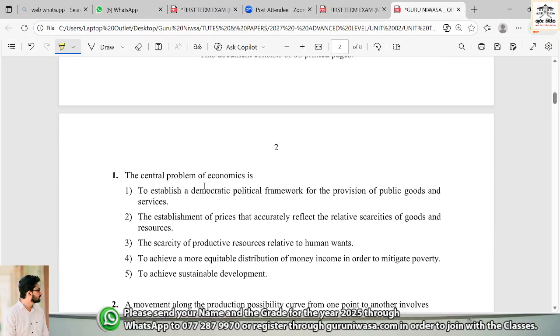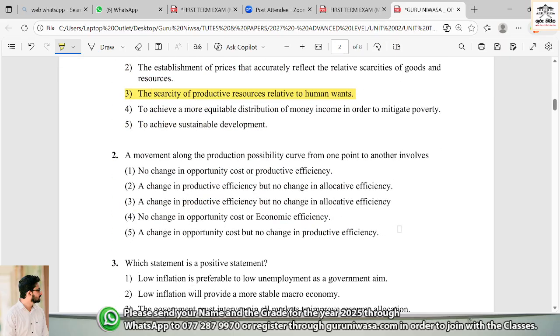The answer for that question is 3. The third one is very simple. For the second one, the answer is the first one or the fifth one. Both are correct: no change in opportunity cost or productive efficiency.